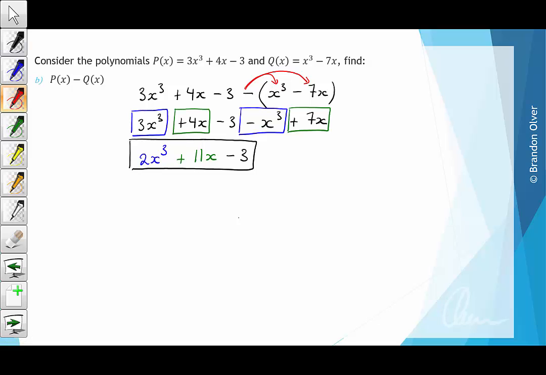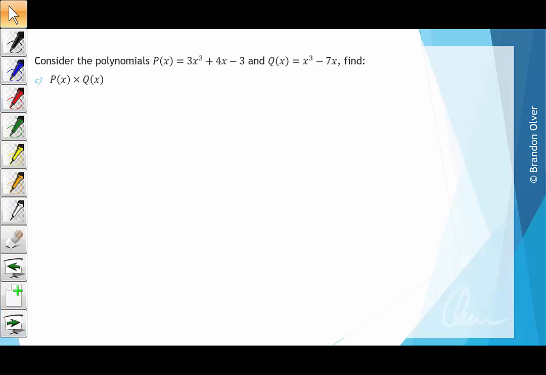Now, it's important to note at this stage that similar to subtraction with numbers, p of x minus q of x is not equal to q of x minus p of x. And that's something that you can check for yourself by hand or with a calculator.